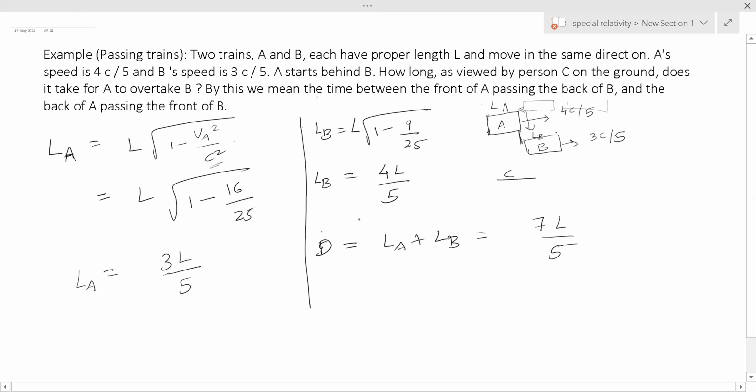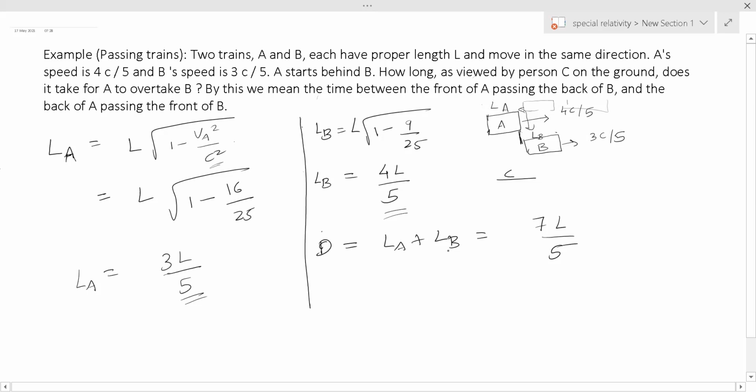You just add these two lengths: 4L by 5 plus 3L by 5. This is the distance that the train has to travel in order to overtake it completely.